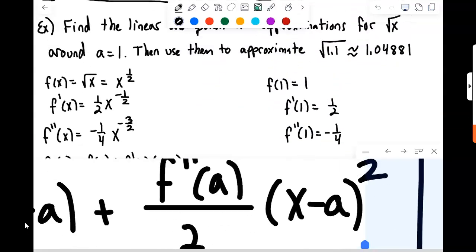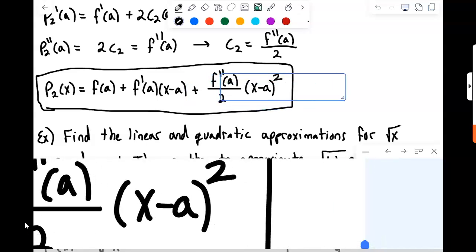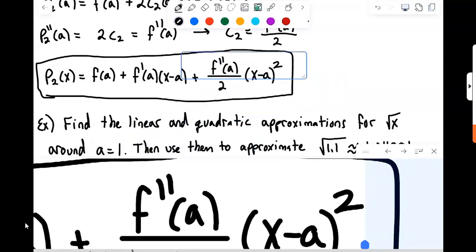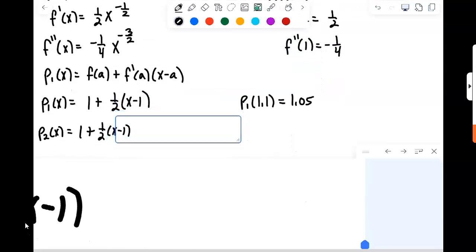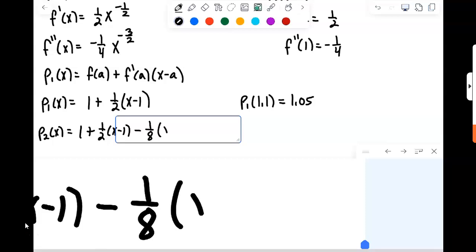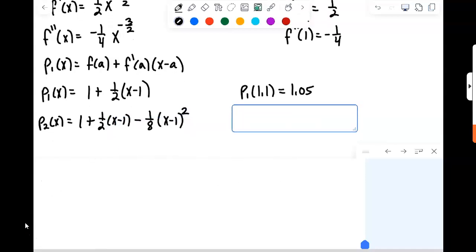And then the formula again was f double prime over 2 times x minus a squared. So f double prime is negative 1/4. Multiply that times 1/2. That would make this minus 1/8 times x minus 1 to the second power. And that's our second degree approximation.